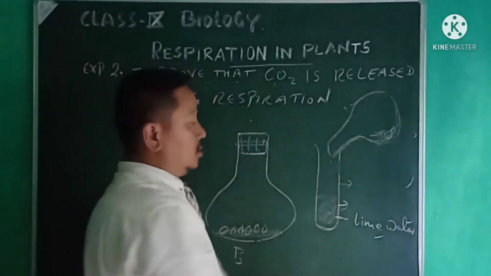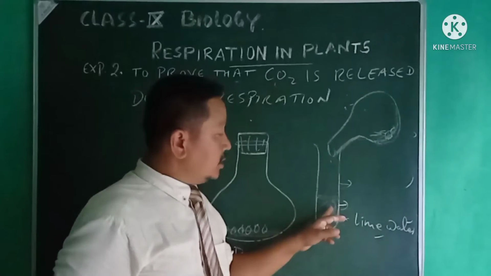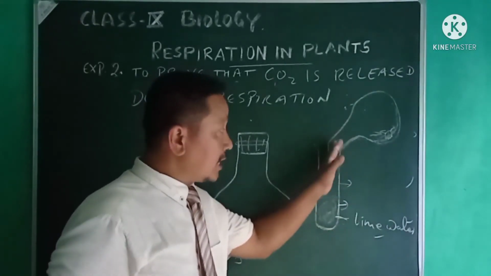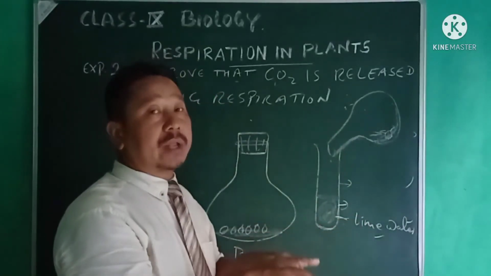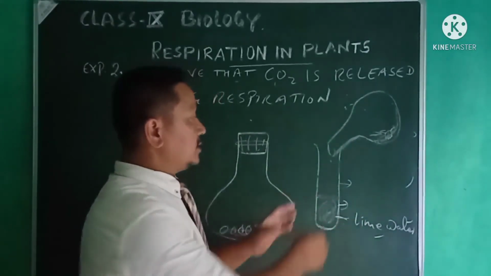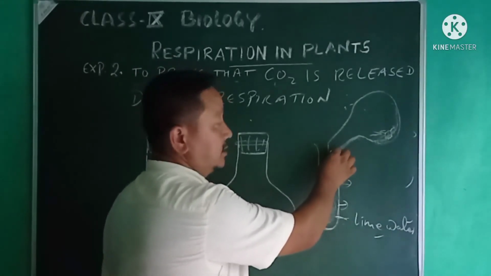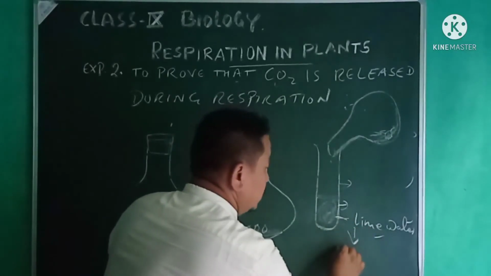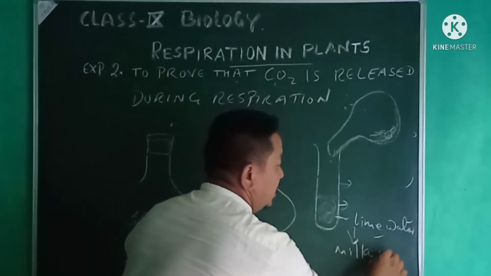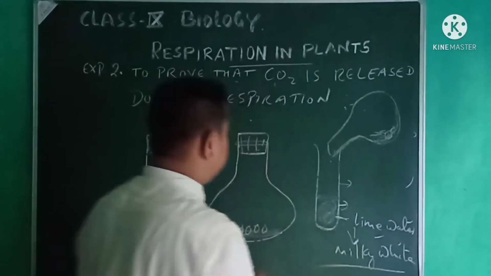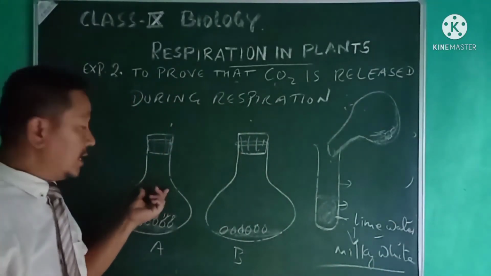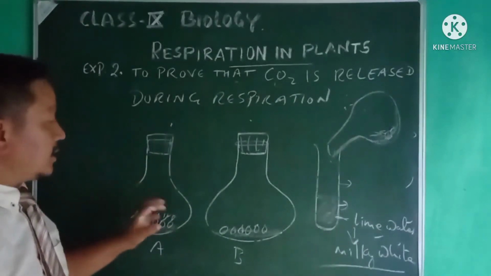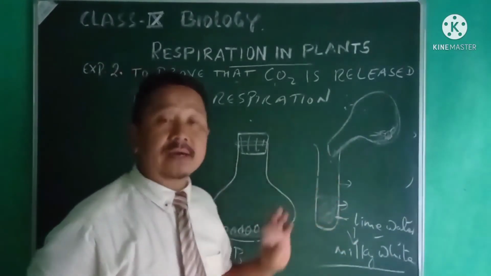and will go into this test tube containing lime water. Then that carbon dioxide and lime water will react. Once the carbon dioxide comes in contact with lime water, it will turn milky white, proving that the gas released here was carbon dioxide.